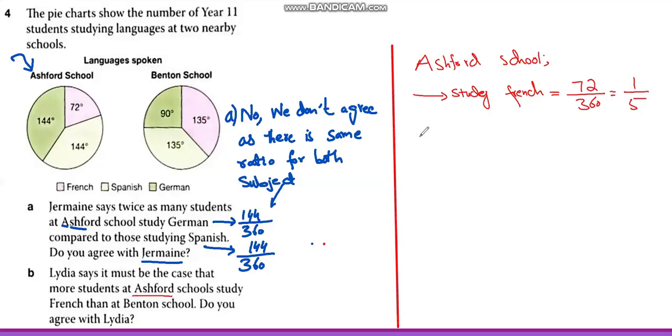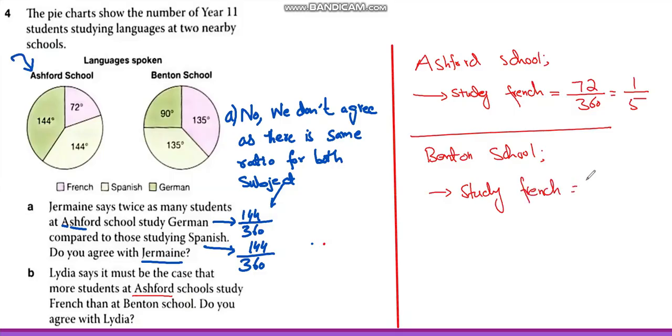Now we will also see the ratio of the students who study French in Benton School. Here, the students who study French are in a fraction of 135 out of 360. If we simplify this, we get 3/8. Now we can easily find the total number of students who study French in different schools if we are given the total number of students, but here the totals are not given.